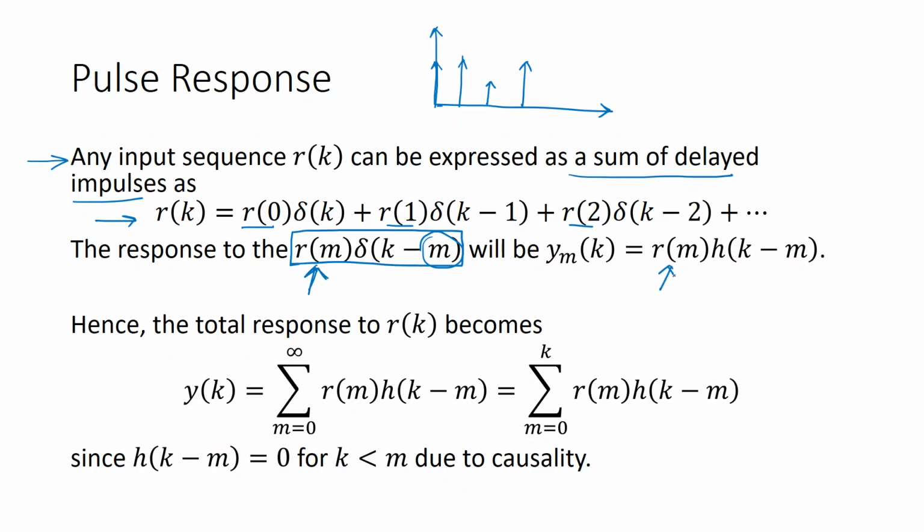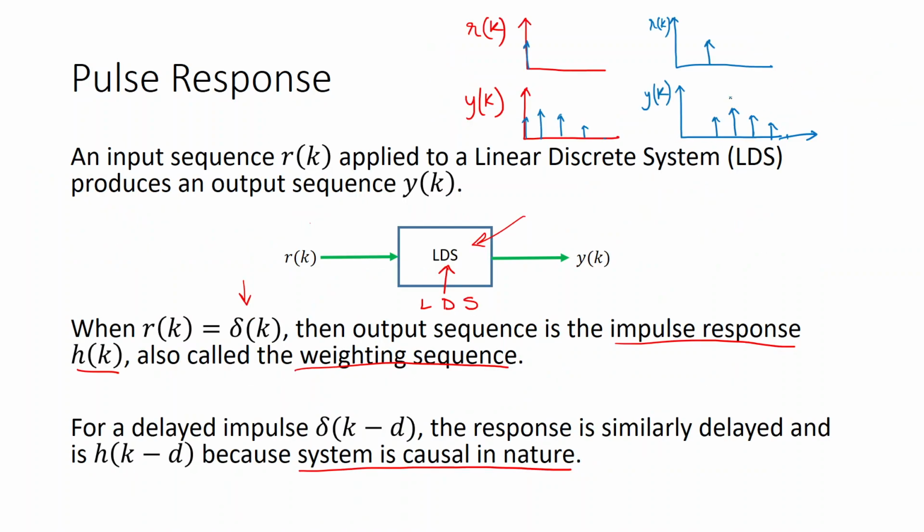This weight will remain the same, and since delta k was exciting the response hk, delta k minus m will excite the response hk minus m, and you see that hk minus m is a string of pulses itself.